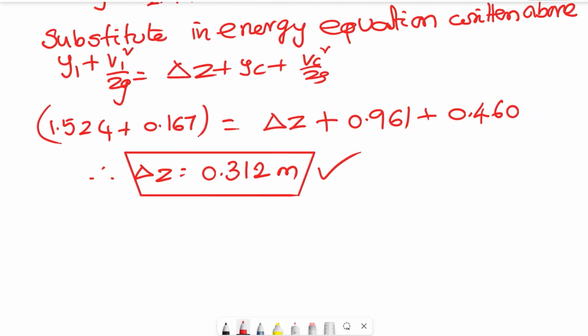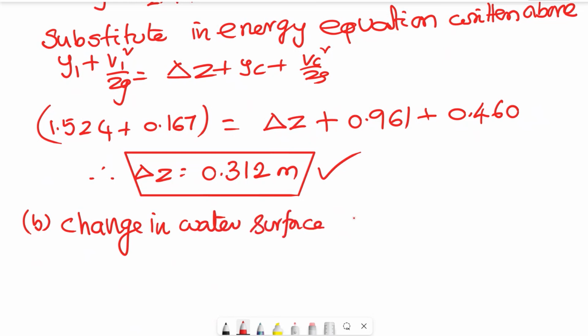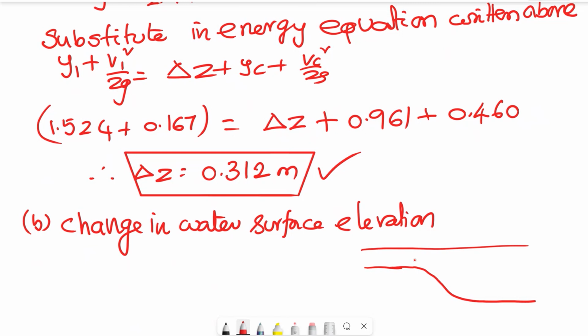Once this is obtained, the next part b is what he asked: change in water surface elevation. So if you see in the figure, the water surface is like this, and this is the energy line. So this is v1 squared by 2g. This is vc squared by 2g.